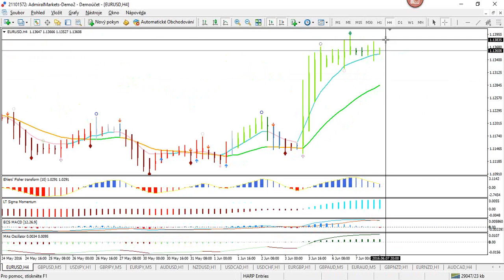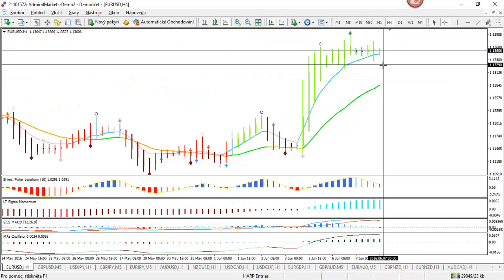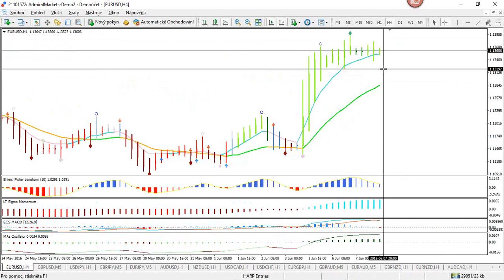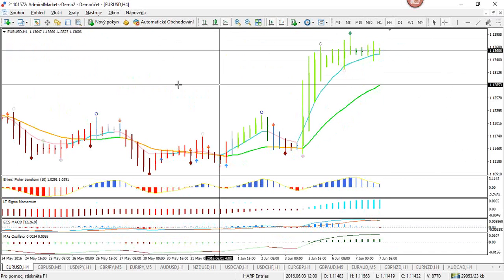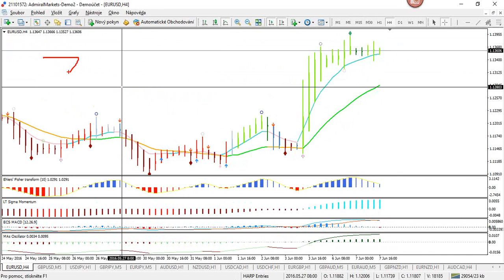So if an entry is somewhere around 113.80 and the stop loss is around 113.10, then that's 70 pips risk, and the target is about 110. So the reward to risk is about 1.5 to 1, and that is okay for a trade. It's not fantastic, but it is decent enough.